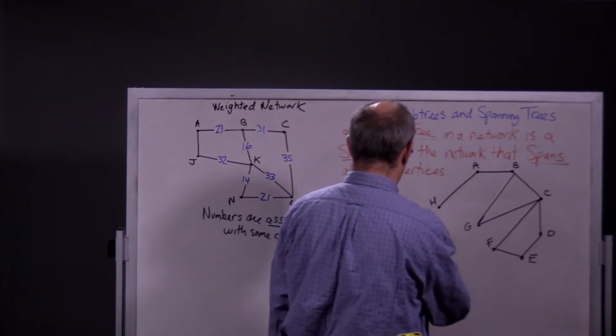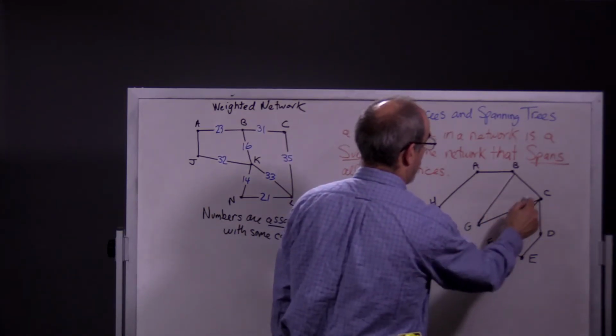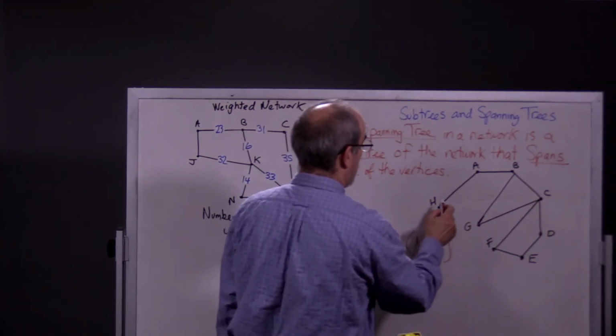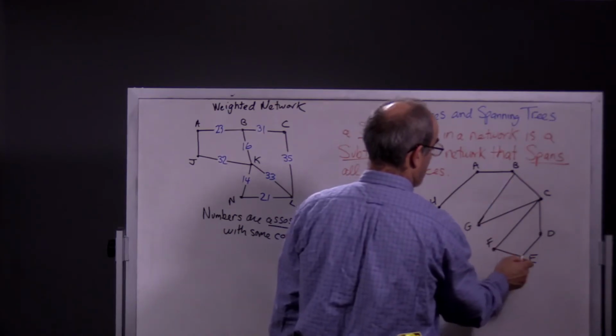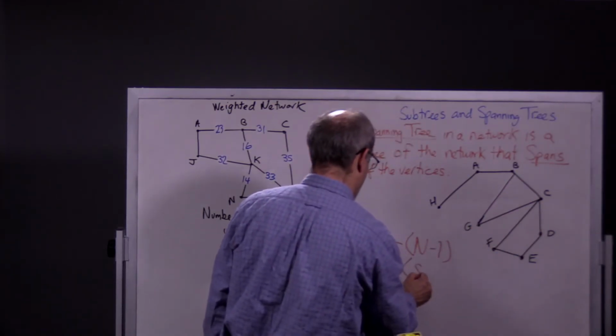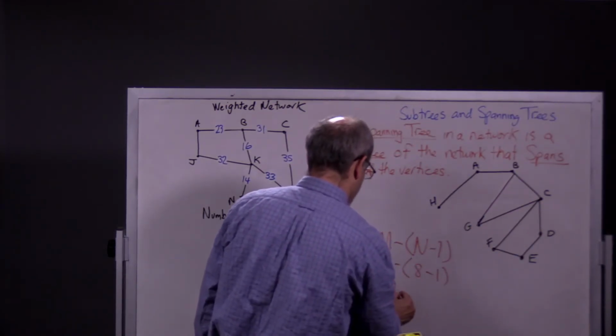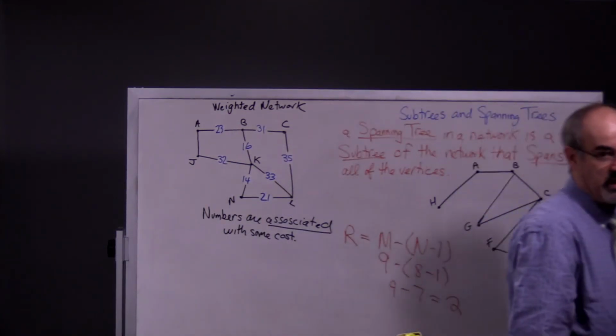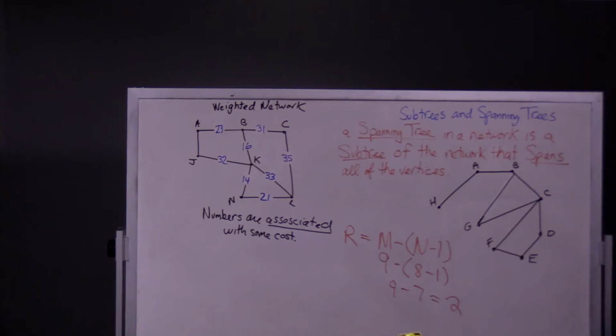Okay, so you have 1, 2, 3, 4, 5, 6, 7, 8, 9. Hopefully I counted that right. 1, 2, 3, 4, 5, 6, 7, 8. So our redundancy here is 2. Okay. We have 2 extra edges that we don't need.